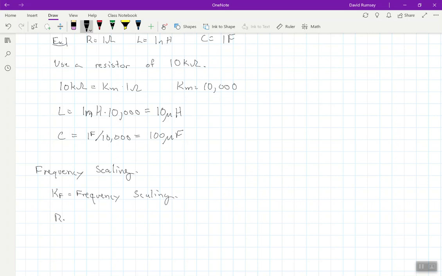Resistors aren't affected by frequency, so the resistor values won't change. The inductor value, again skipping all the details of why, this just comes from the impedance equations, is 1 over Kf times L old, and you actually do the same thing for the capacitors.